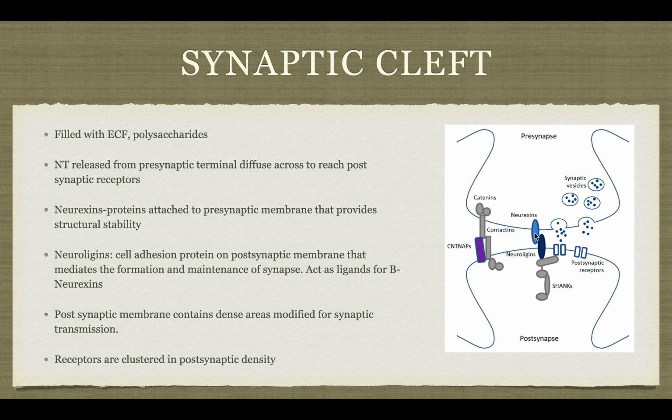They also work as a ligand for the beta neurexins. The postsynaptic membrane will contain the dense areas, and that's specialized for the synaptic transmission. And the receptors are going to be clustered in the postsynaptic densities.